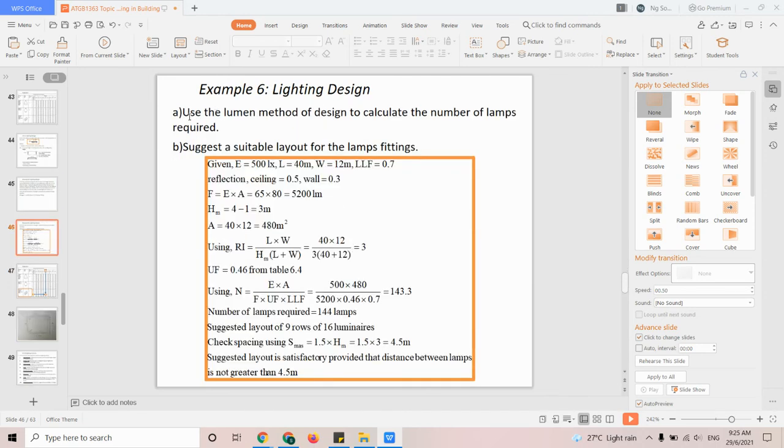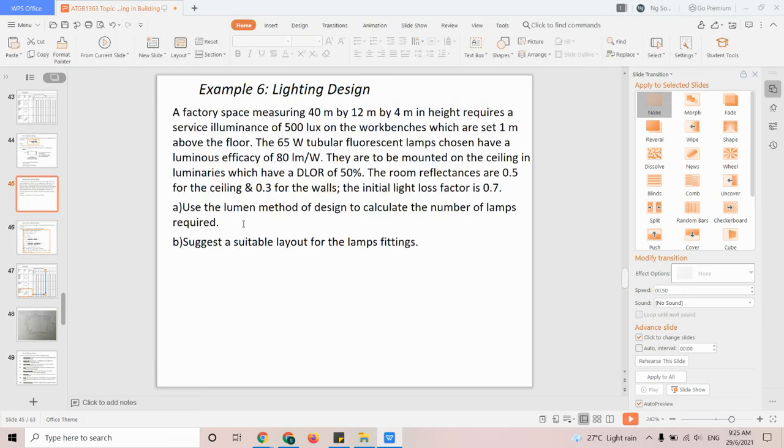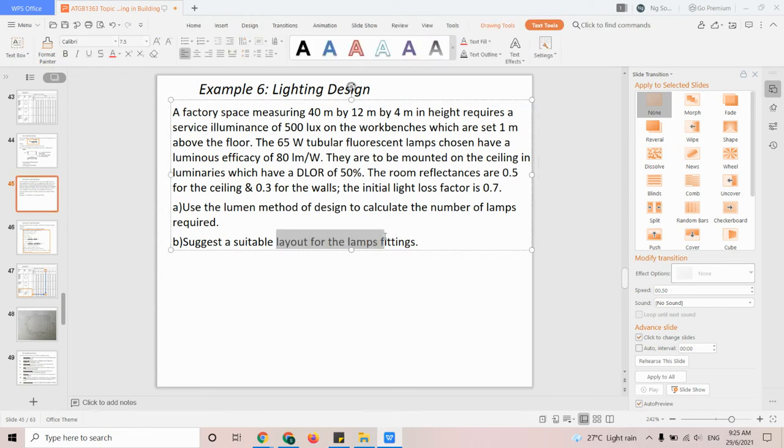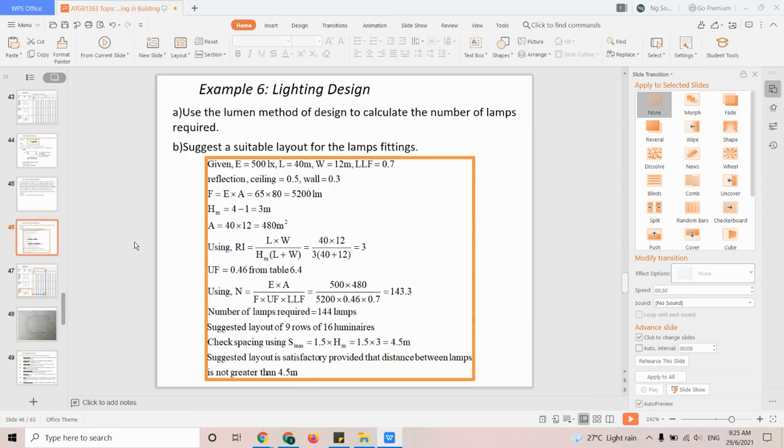Okay, so here it mentions you need to use the lumen method of design to calculate the number of lamps required, and then also suggest a suitable layout for the lamp fittings. So you're given that the required level is 500 lux, and then you're given the room is 40 meters by 12 meters, and the light loss factor is 0.7. You're also given additionally the ceiling is 0.5 and the wall is 0.3 for the reflectance.